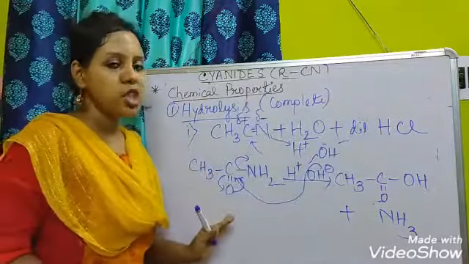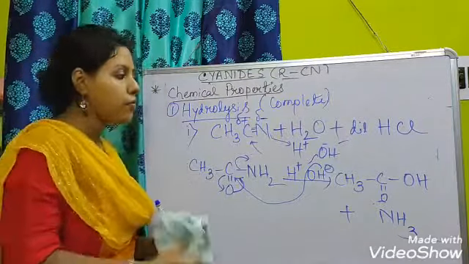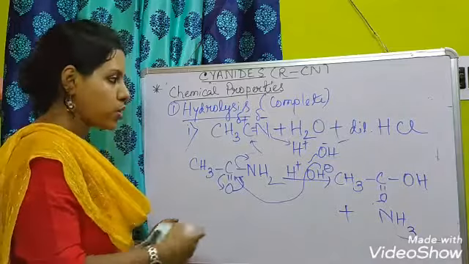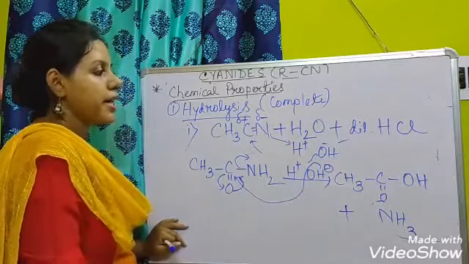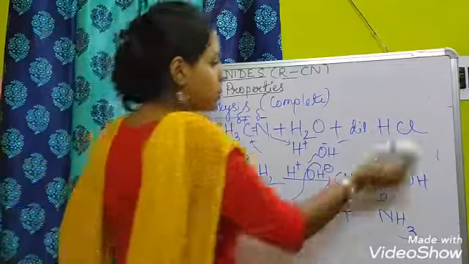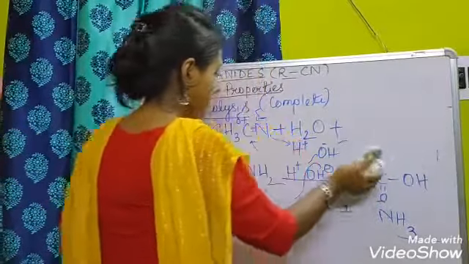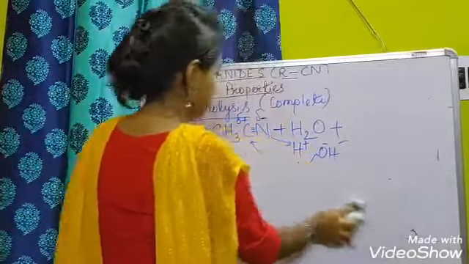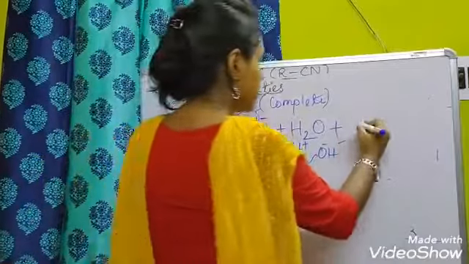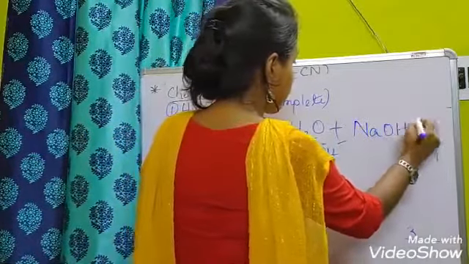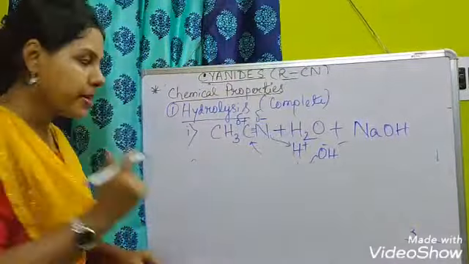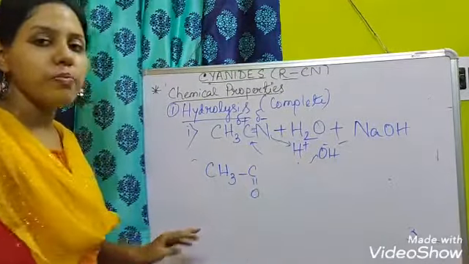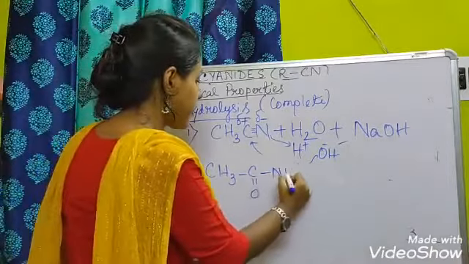Now if we do the same hydrolysis in presence of alkaline solution, I think all of you have noted it down. Whenever we are reacting the same with NaOH, alkaline solution, the initial step will be the same, from where we will get one amide, CH3CONH2.